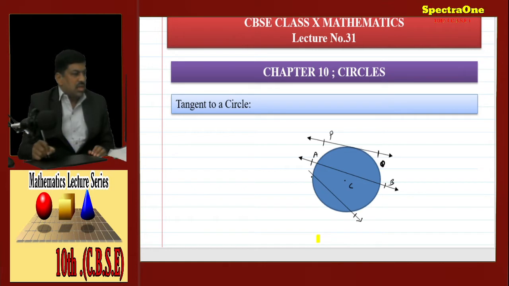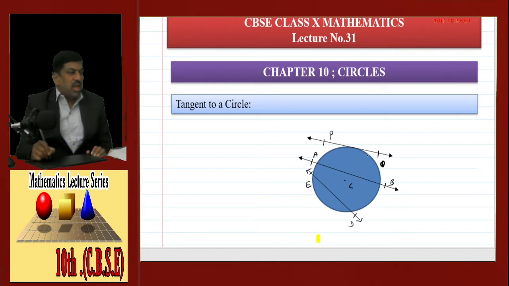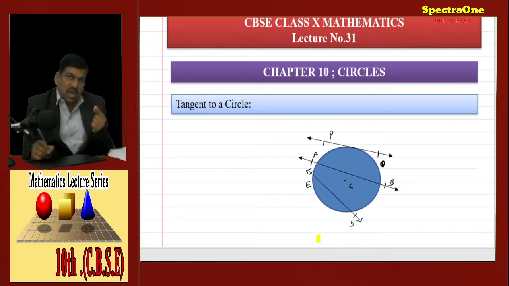This is the line CD or DE. So there are three lines. Line PQ is making contact with the circle at a single point. AB is intersecting the circle at two points, and CD is also intersecting the circle at two different points.